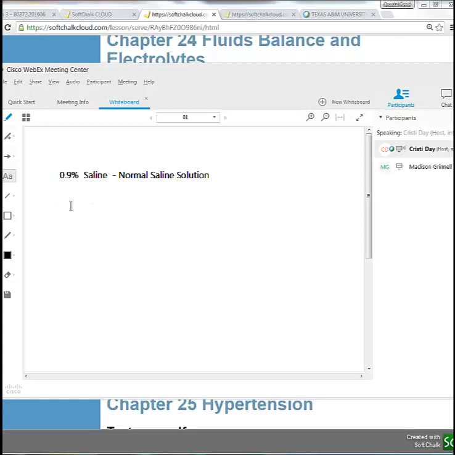0.9% is less than 1%, right? It's a low amount. So if we give a patient a hypertonic, we call that hypertonic, and it's a greater than normal ratio of salt to water.